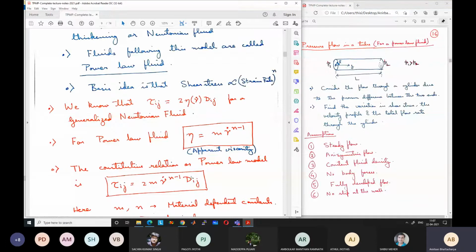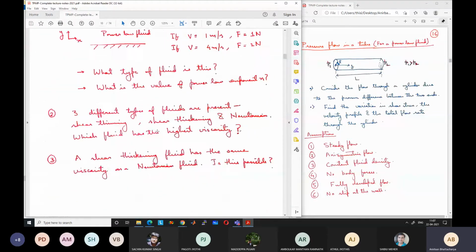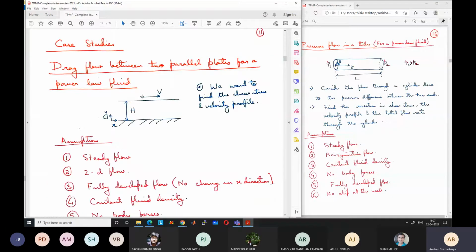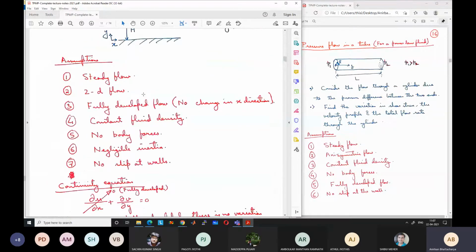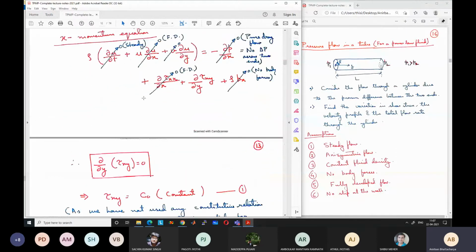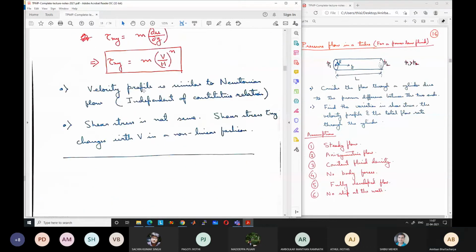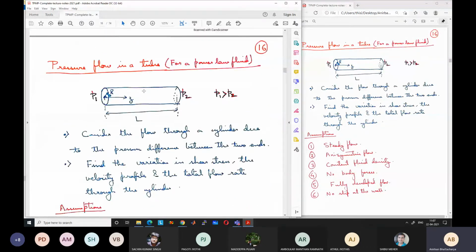With this model, we had discussed two problems. One was drag flow between two parallel plates for a power law fluid, where we found the shear stress variation and the velocity profile. The second problem was pressure flow in a tube.